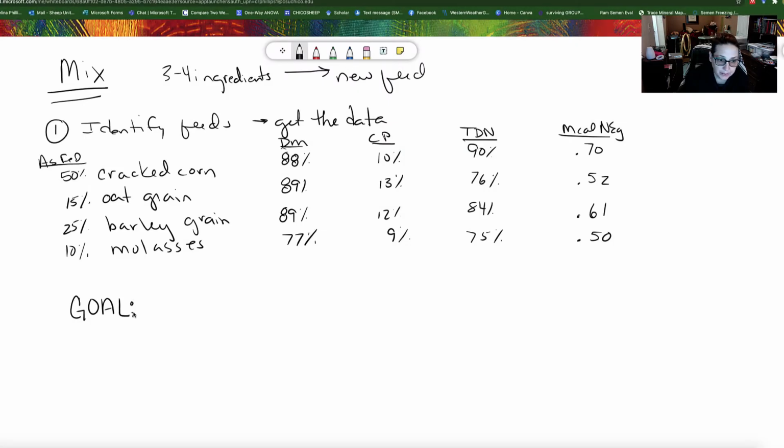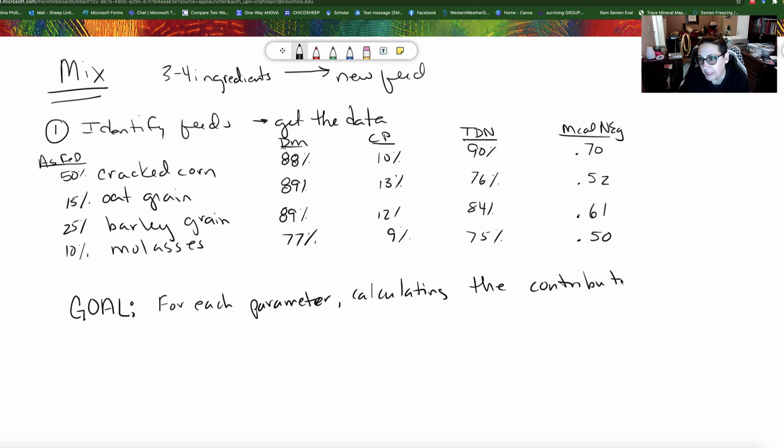What we want to do is, for each parameter, meaning dry matter, protein, TDN, and net energy for gain, calculate the contribution from each ingredient.